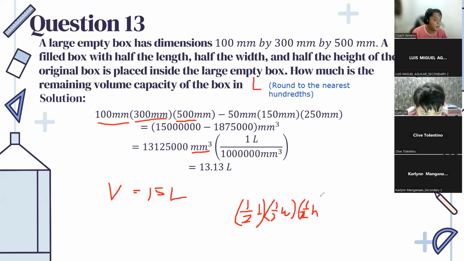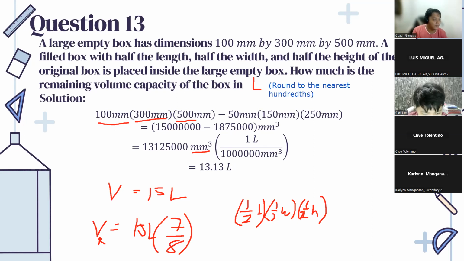So that will just be 1/8 of the volume. So the remaining volume will just be 1 minus 1/8, or 7/8. So the remaining volume is equal to 15 liters multiplied to 7/8. So that will just be the answer.